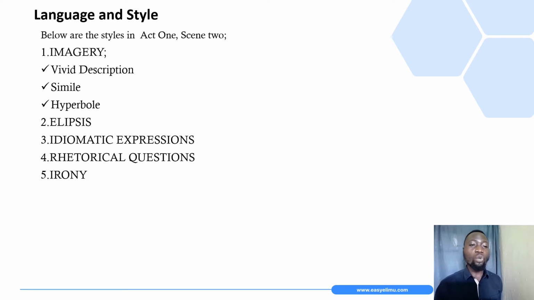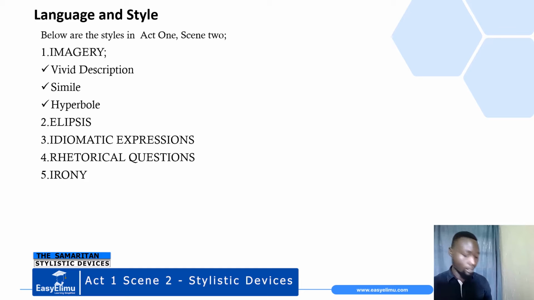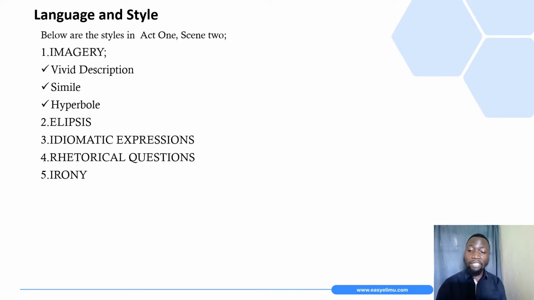So the first one is imagery. Under imagery, remember we had said what imagery is. It is something to do with visual representation, that is the use of visually descriptive language.